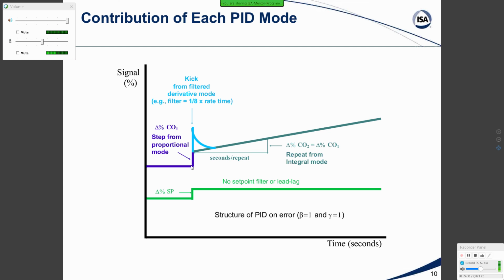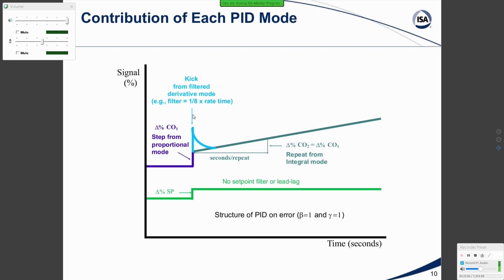So we have a step change in set point here. We get a step from the proportional mode. And we get a kick from the filtered derivative mode. Now, if there is no filter on here, and normally there's a built-in filter that is 1/8 the rate time, but if there was no filter, this would be a spike, and it could be very, very large.